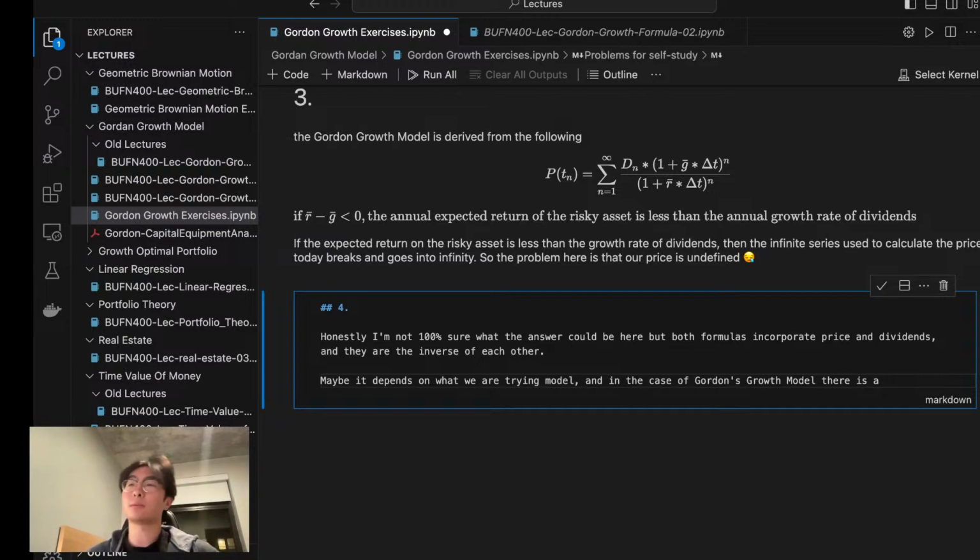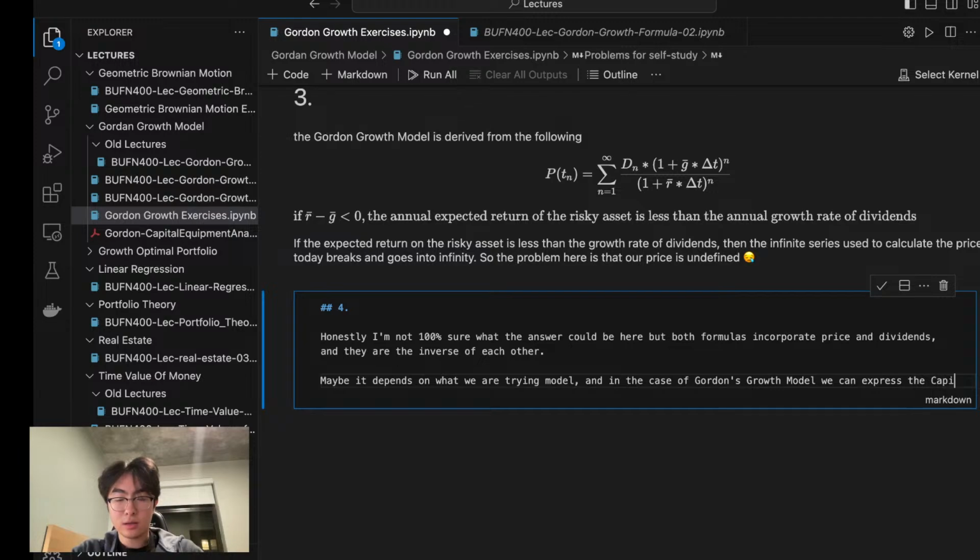Capitalization is R minus G. We can express the price of an asset today.